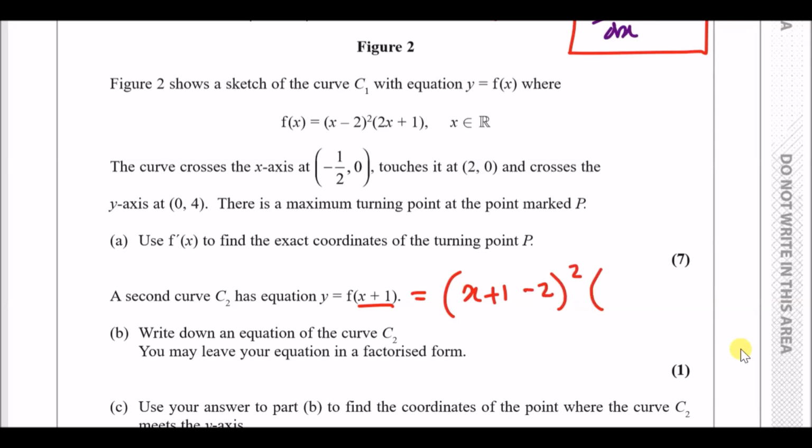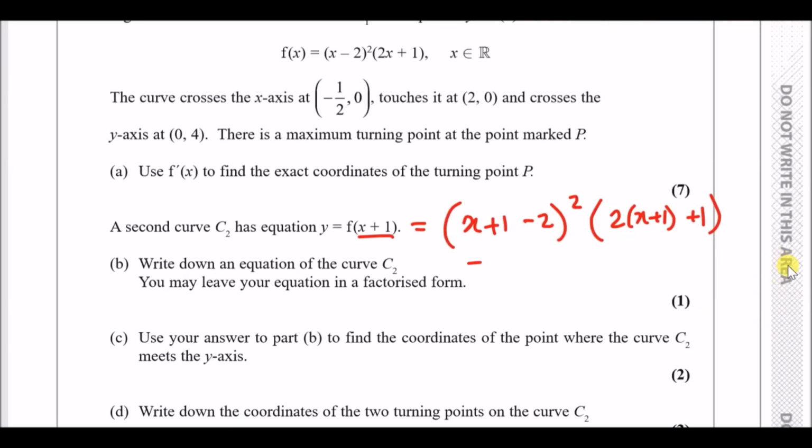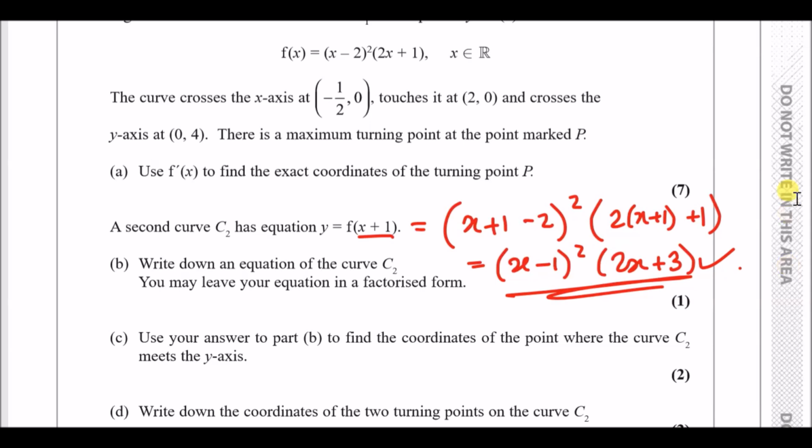Now this one is 2x, so replace that with 2, a little bracket, x plus 1, plus 1. Now all you want to do, guys, is literally just tidy up the inside. So 1 minus 2 is just minus 1, so x minus 1 squared. Expanding this carefully, you get 2x plus 2 add 1, so it's 2x plus 3. Okay, and that checks out.